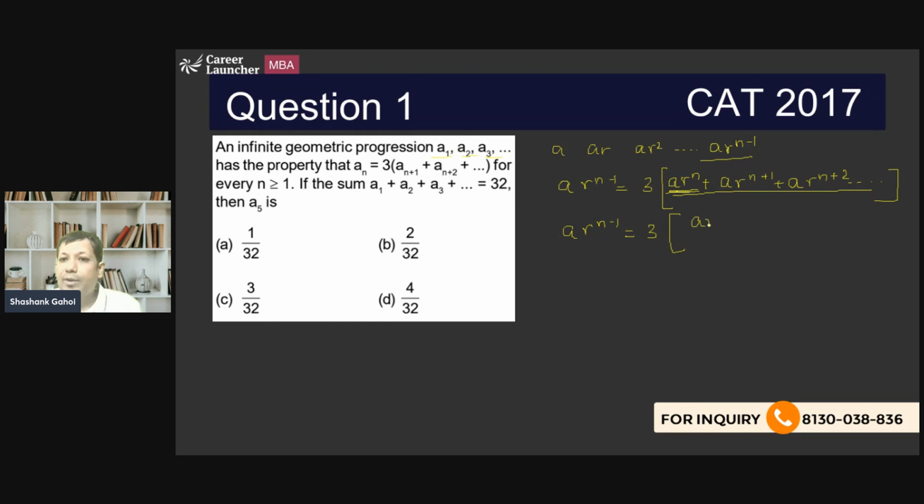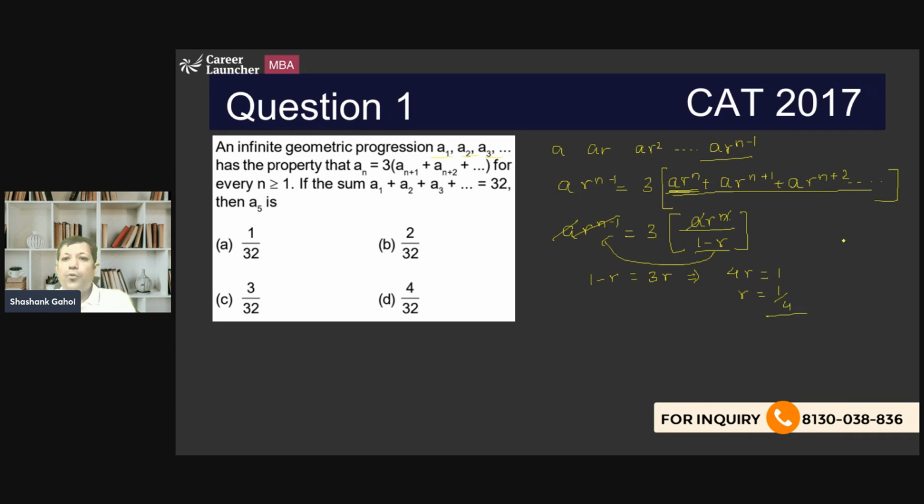That is AR power n, upon 1 minus R, because the common ratio of this series, what we have assumed, is equal to R. Now A cancels out, and R power n minus 1 is cancelled out by the power, so basically only one power of R remains. Cross multiplying to this side, I get 1 minus R is equal to 3R. So from here I can say that 4R is equal to 1, so R comes out to be 1 upon 4.